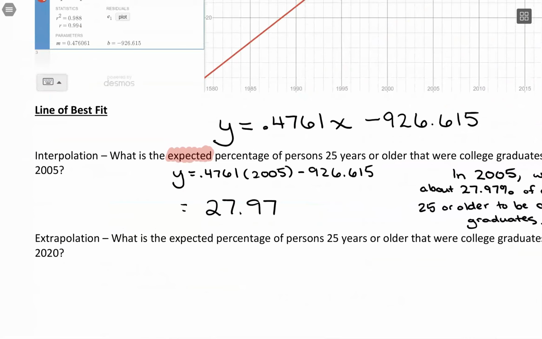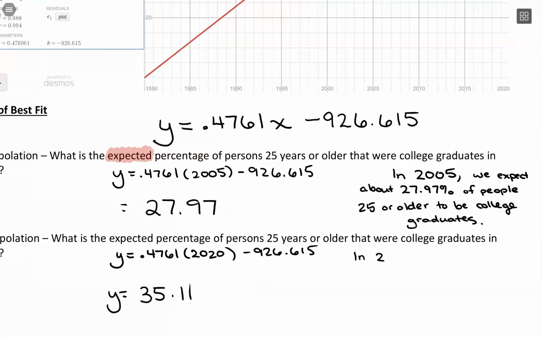But we can still plug in, so we'll have 0.4761 times 2020 minus 926.615. So we can end up with a value, we can make a sentence for it, but we want to be careful because it's extrapolation. So we get 35.11.